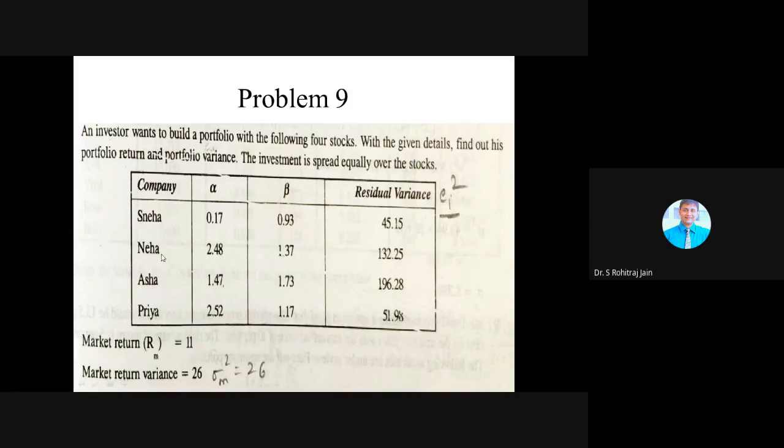For the second company, Neha, can anyone tell me what value I should take? 2.48 plus 1.37 multiplied by 11, alpha plus beta into market return. Similarly for Asha company, how much do I need to take? 1.47 plus 1.73 into 11. Similarly for the last company? 2.52 plus 1.17 multiplied by 11.